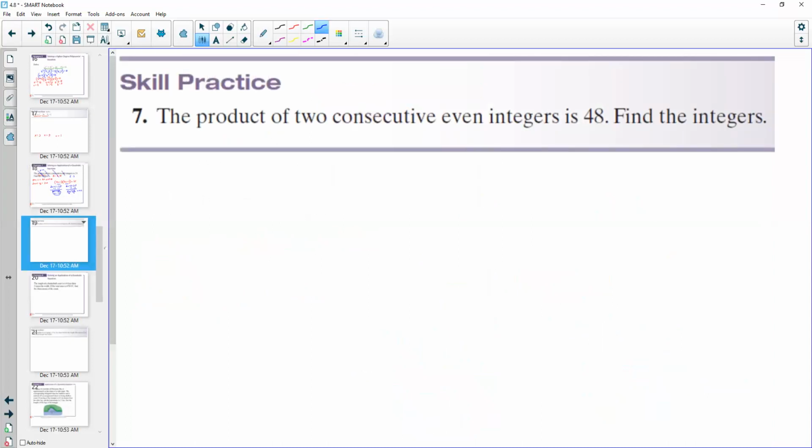Where are my notes? And this is also supposed to be, oh, let me see if it's supposed to be a sum or a product. Let me get my pen real quick to do something on the side. 2n.